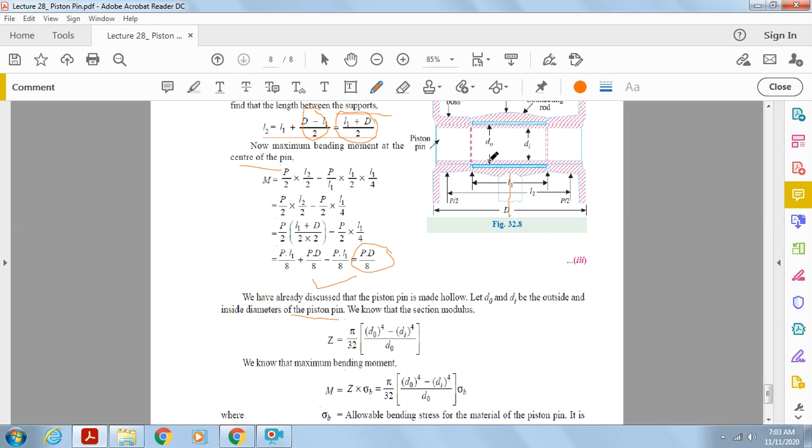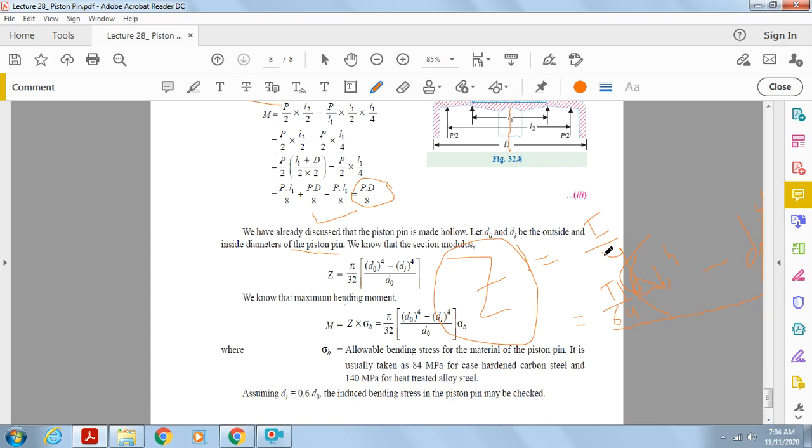Now the section modulus Z is equal to I by Y. For the circular section, I equals pi by 64 times D0 to the power 4 minus Di to the power 4, divided by Y, where Y is simply D0 by 2.